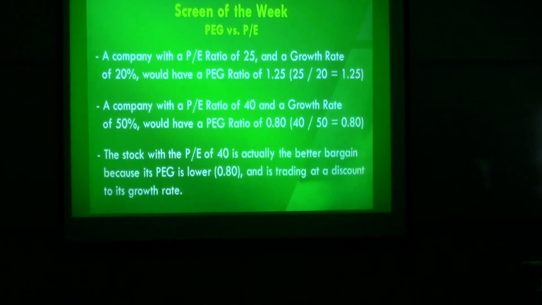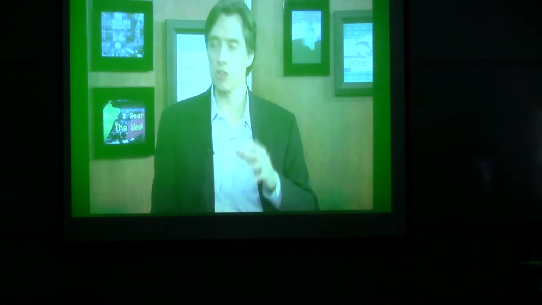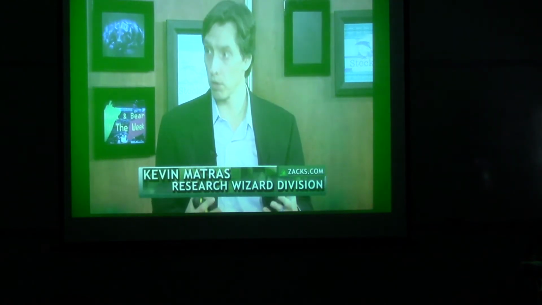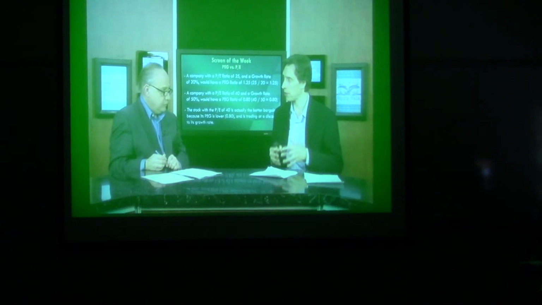A company with a PE ratio of 40 and a growth rate of 50% would have a PEG ratio of 0.8. Again, you take your 40 PE divided by your 50% growth rate, that's how you get your 0.80.